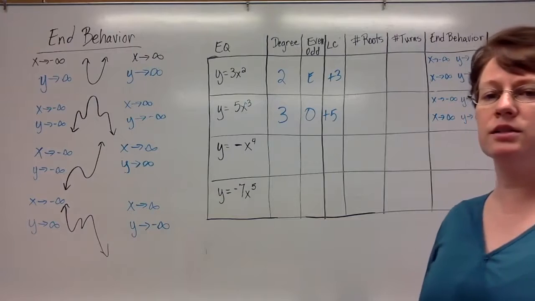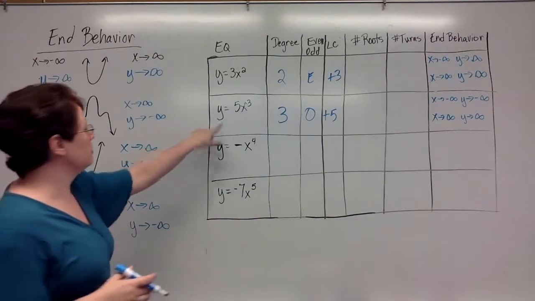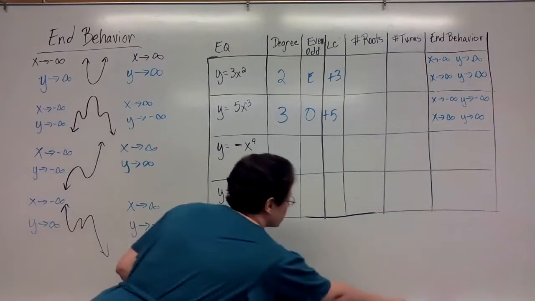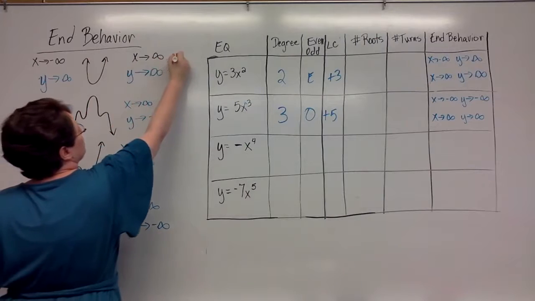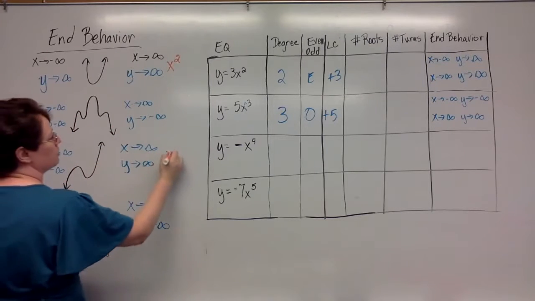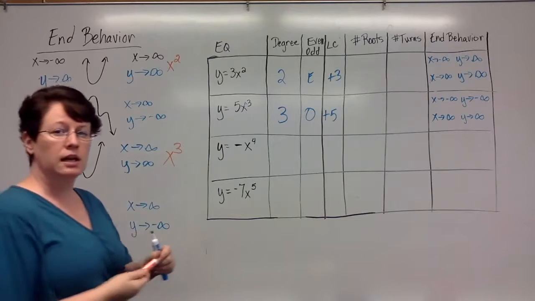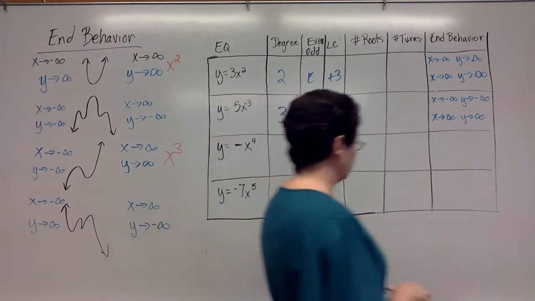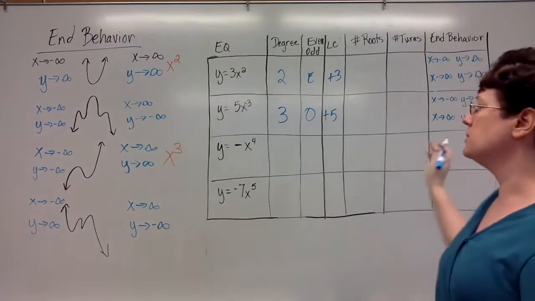On the negative side, it's going negative. On the positive side, it's going positive. So my cubic, let's come over and kind of label these. This is an example of an x squared. This one's an example of an x cubed. All right? So we can kind of see our graph to our table. All right? Okay, so we have opposite directions.